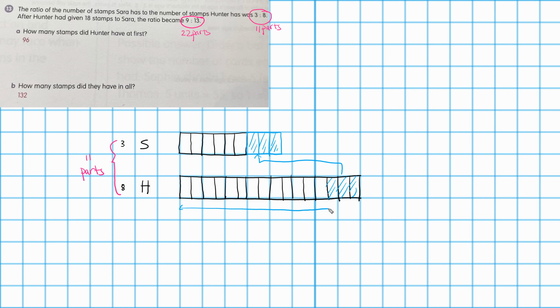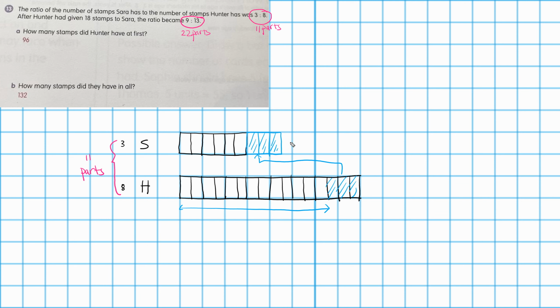At the end, this is what Hunter has. Let's count them. 1, 2, 3, 4, 5, 6, 7, 8, 9, 10, 11, 12, 13. Yep, that's the 13 that we expected. And Sarah should have 9. 1, 2, 3, 4, 5, 6, 7, 8, 9. Fantastic. So we have drawn the model correctly.